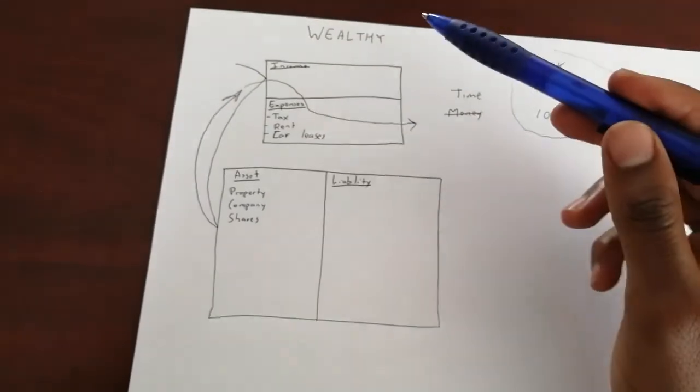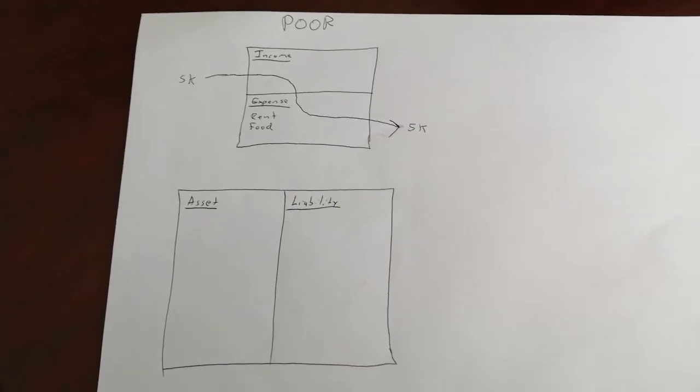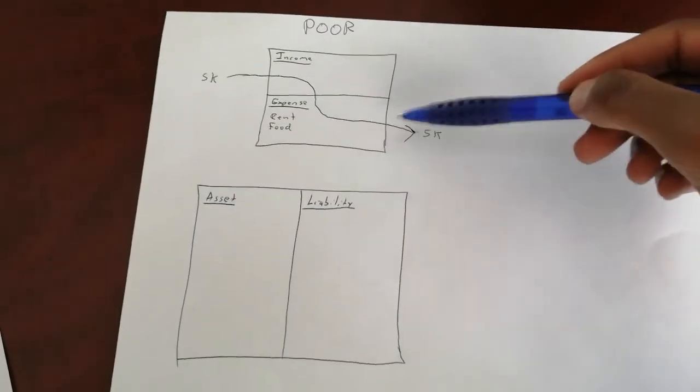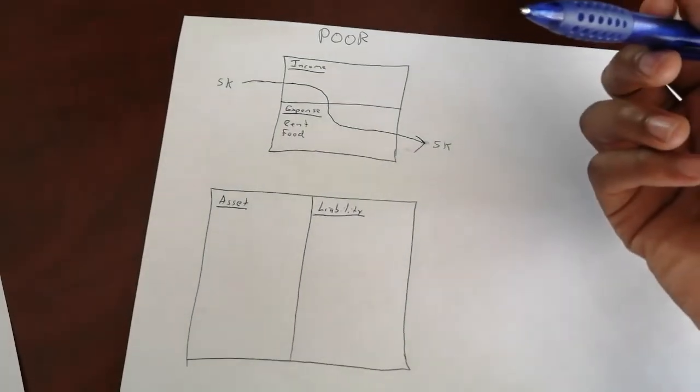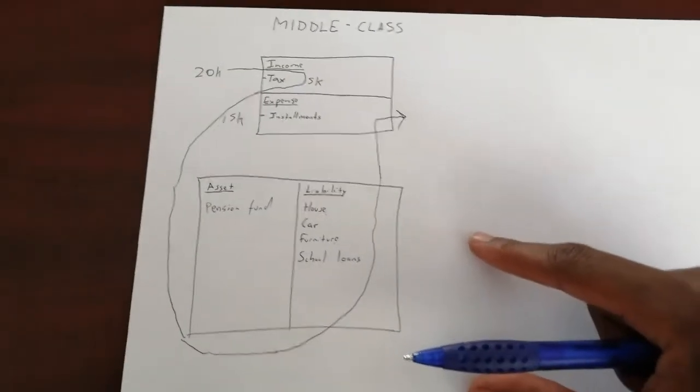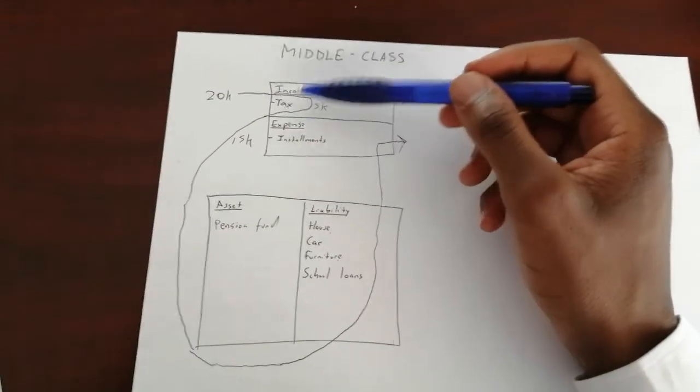So if you can take note here, a poor person earns and takes out all their money through their monthly expenses. They buy no assets, or they don't even qualify for credit to even get liabilities. On the other hand, middle class people earn their money, pay tax, then they can spend.